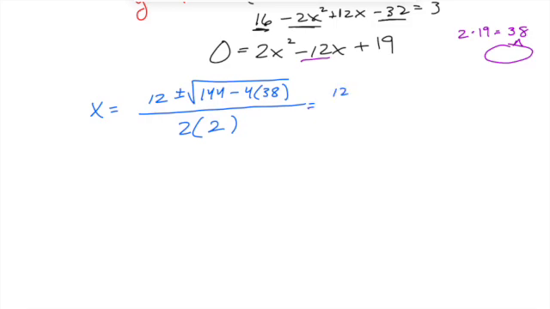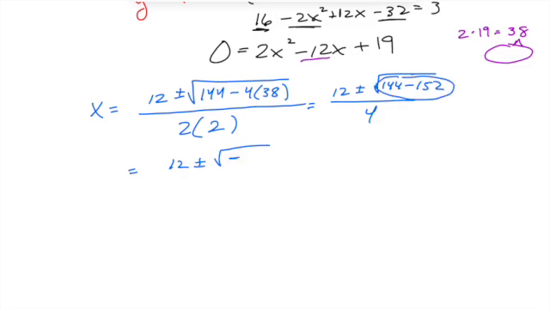If you need more work on the quadratic formula, there are many videos you could find for that if I'm going through this part too fast. Now you're doing 144 minus 4 times 38, so that's 120 and 32, that's 152. And right here, 144 minus 152 is negative 8.